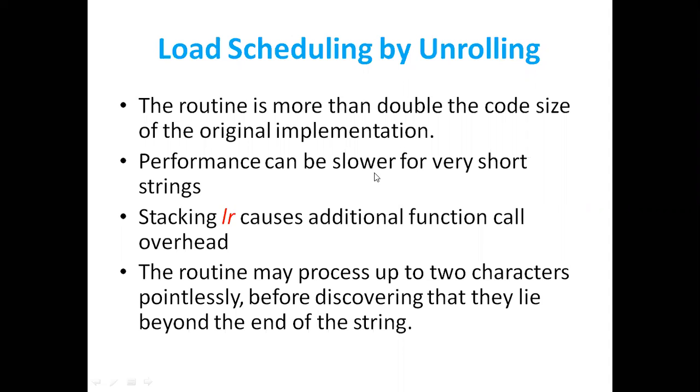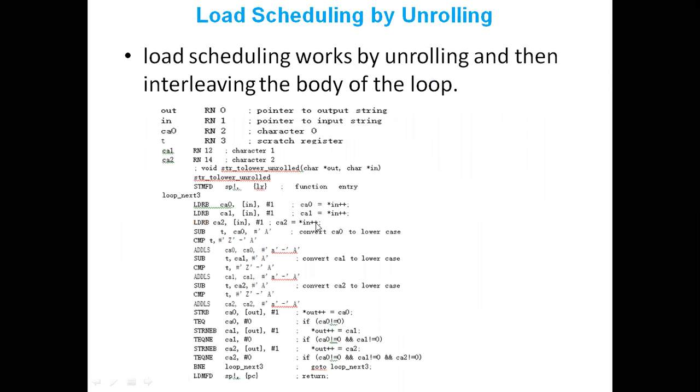And the performance can be slow for very short strings. If the number of characters is very small, let us take, I want to convert a string of only 10 characters, then this unrolling doesn't make much difference, because the code size is very large and it becomes much slower.